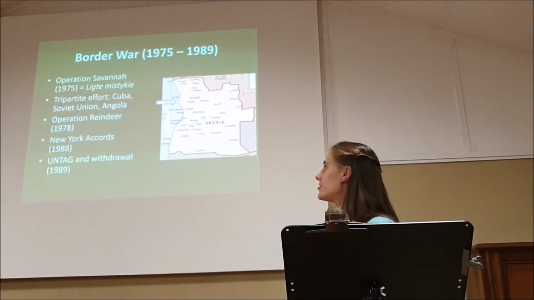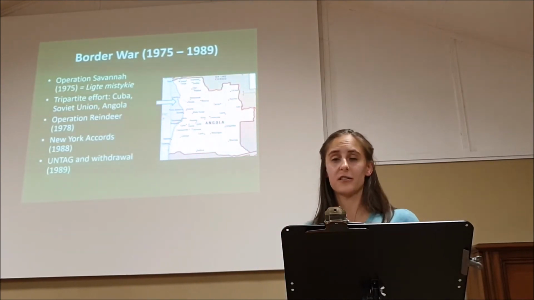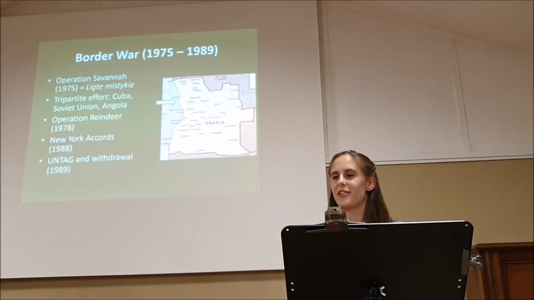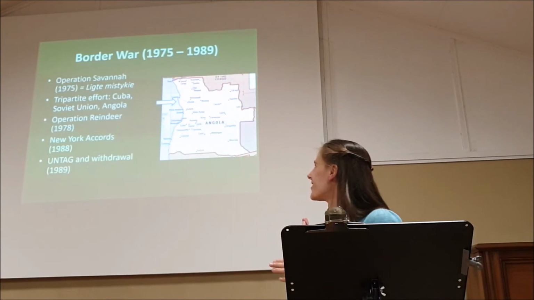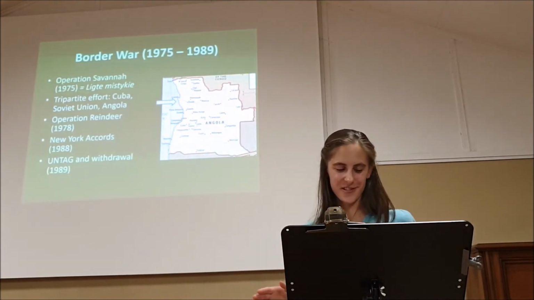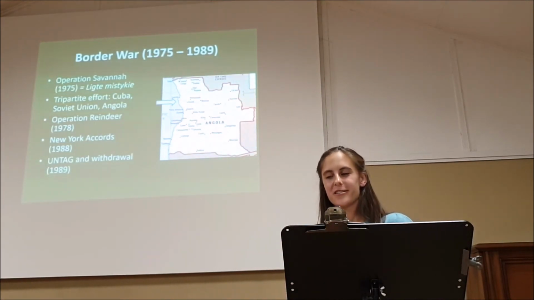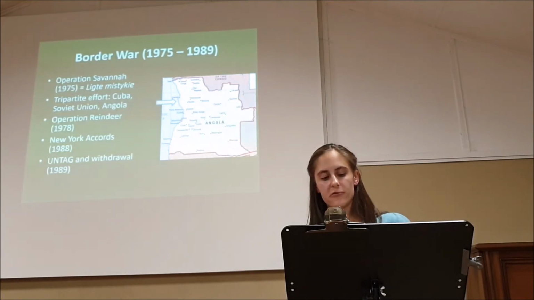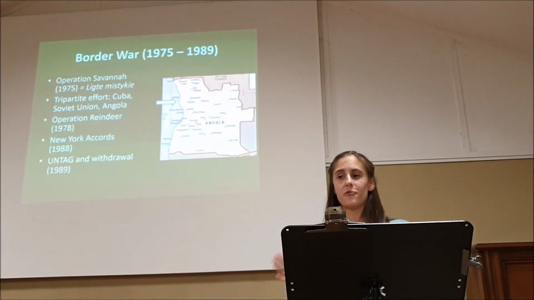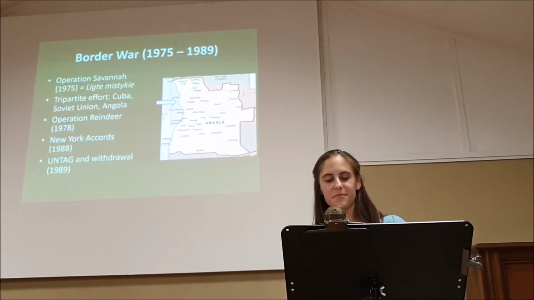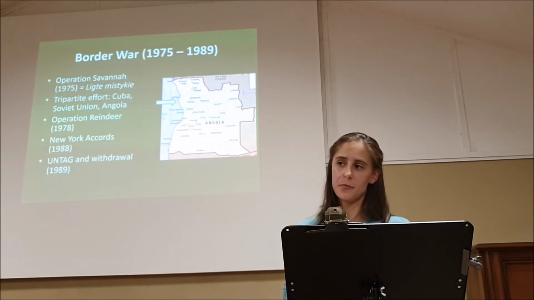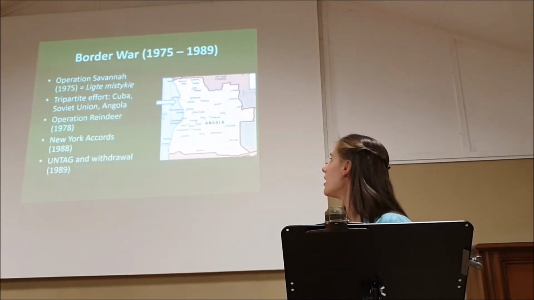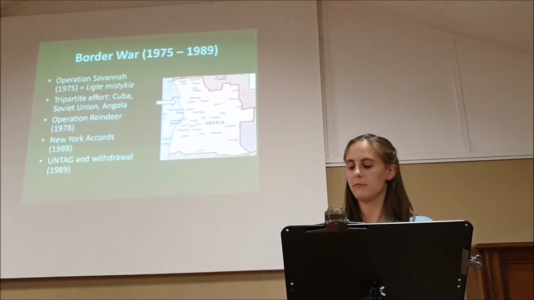The Operation Reindeer, I love that name, by the way, because in Africa, like, why reindeer? Out of all the names, this one is by far the strangest one. The operation was scheduled for the 4th of May, so 4 days before the negotiations. The objective was to destroy 28 bases in southern Angola.